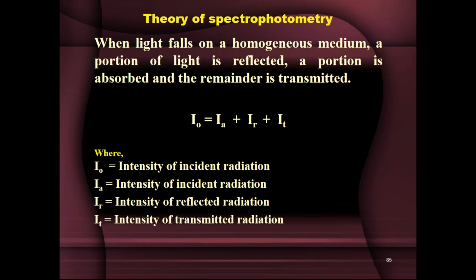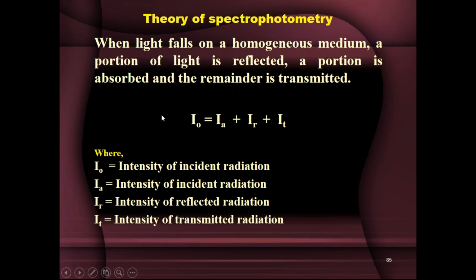So when light falls on a homogeneous medium, a portion of light is reflected, a portion is absorbed, and the remainder is transmitted.